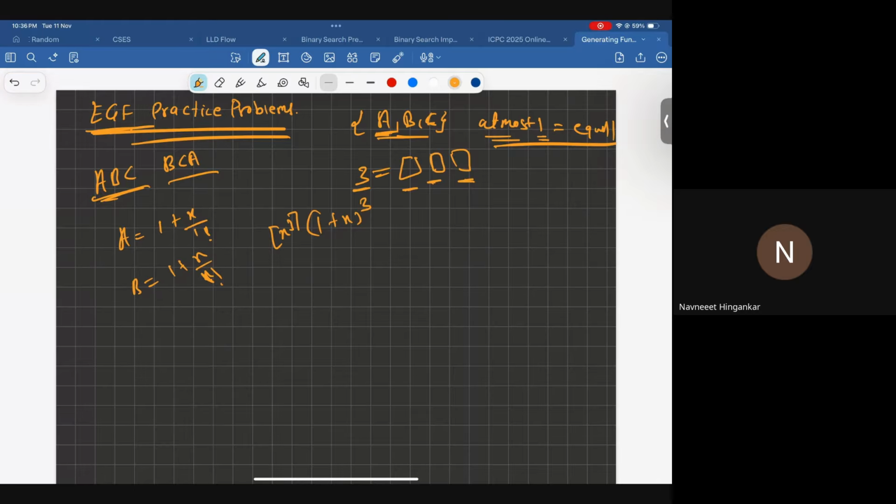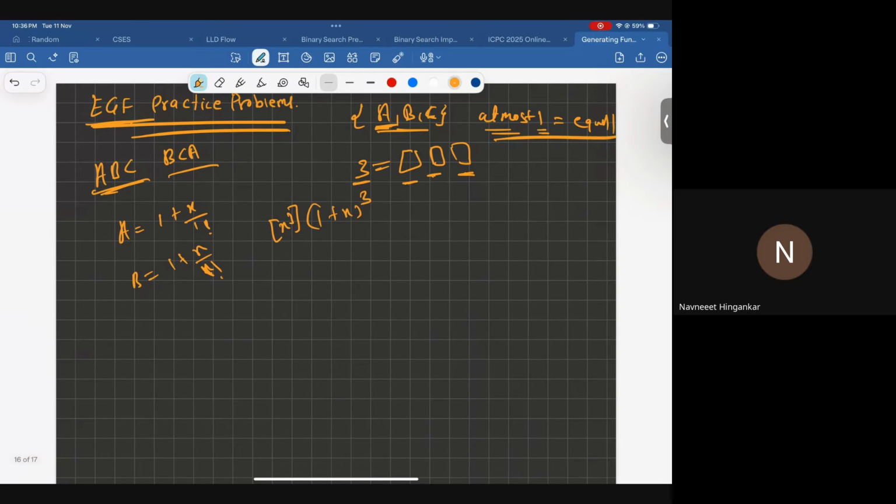So the coefficient of x cube in this, multiplied by 3 factorial, right? Because I need the x cube coefficient and it is 1, there are a total of 6 combinations. I just did this math very fast because I know that the coefficient of x cube is 1 and multiplied by 3 factorial is just 6.